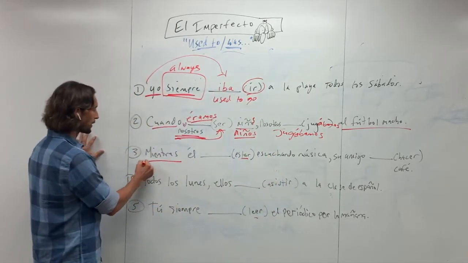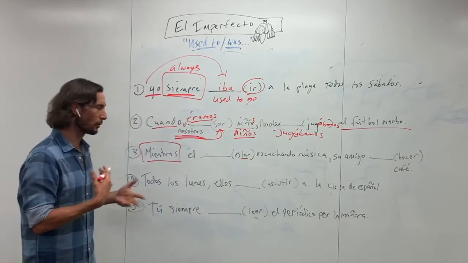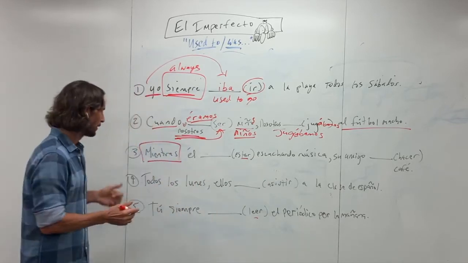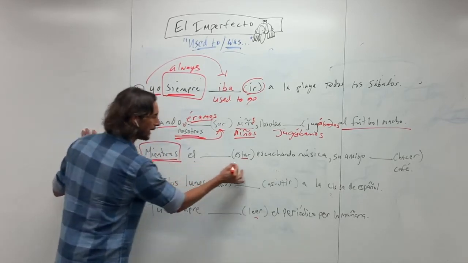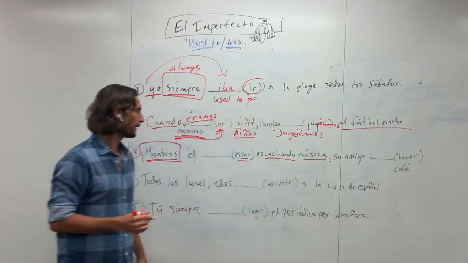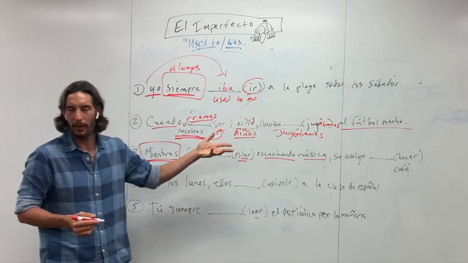So here's another good one, number three. Mientras means while, so we're creating this simultaneous scenario in the past. So while he was listening to music, his friend was making coffee. Kind of random, but whatever.